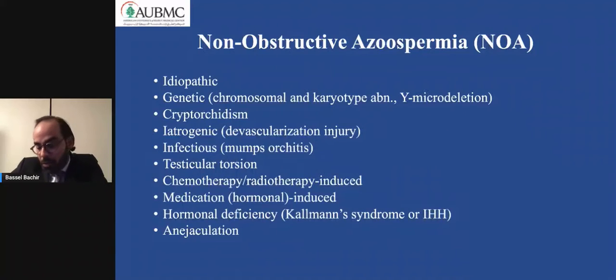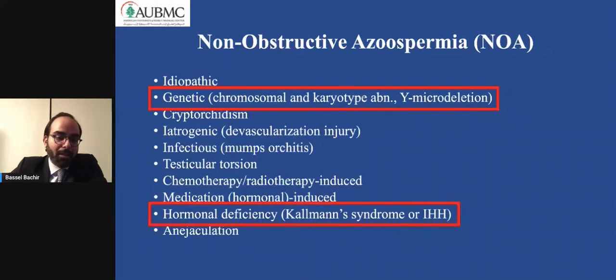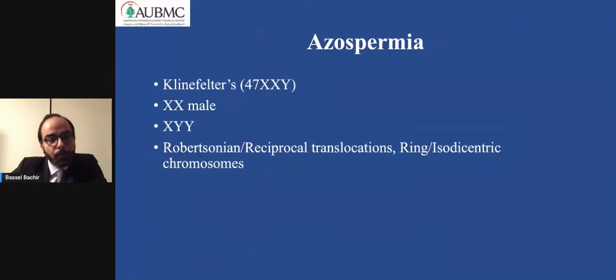But in this lecture, we will really be concentrating on the genetic causes, which are the chromosomal and karyotype abnormalities and the Y chromosome microdeletions, as well as the hormonal deficiencies, namely hypogonadotropic hypogonadism, which has been shown to have a genetic basis in at least 50% of cases.